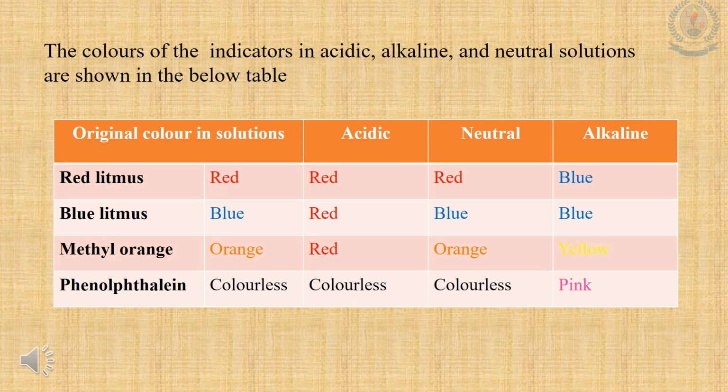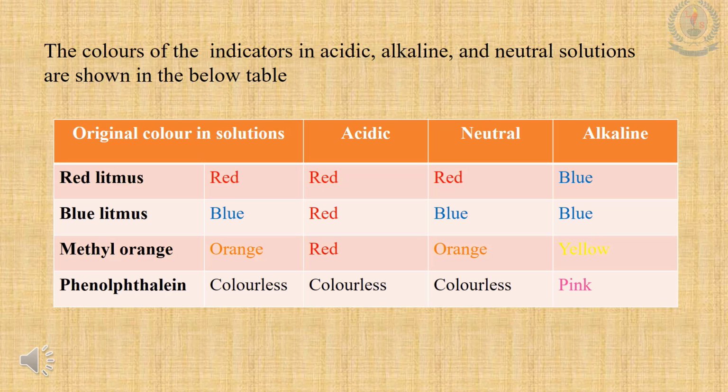Let's have a brief idea about colors of the indicators in acidic, alkaline and neutral solutions. First of all, red litmus. Original color of the red litmus paper is red. When in acid, it remains red, doesn't change. And in neutral solution, it remains red. But in alkaline solution, color is changed to blue.